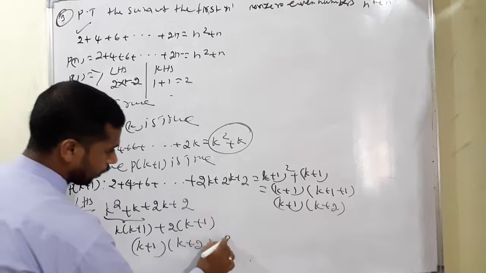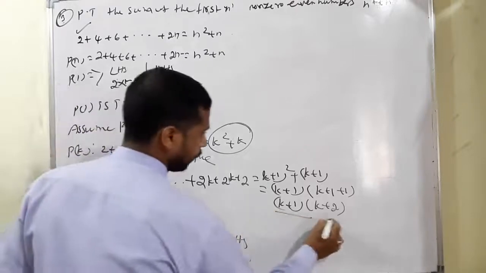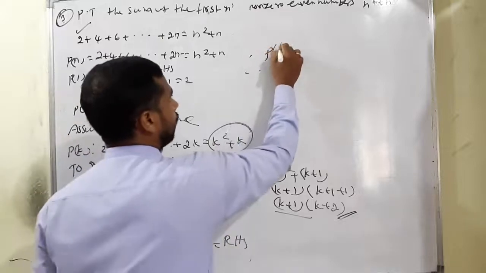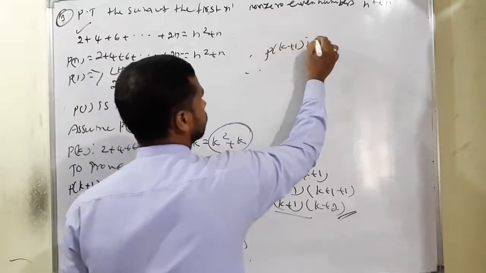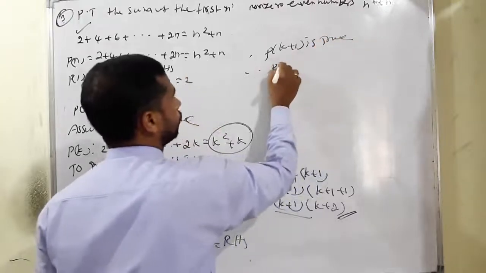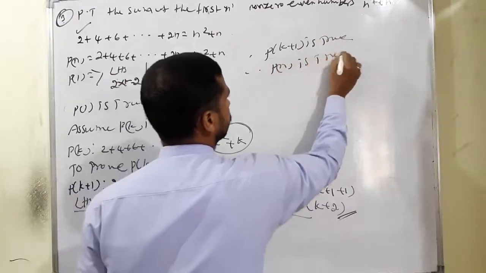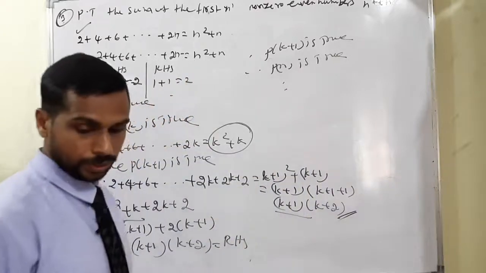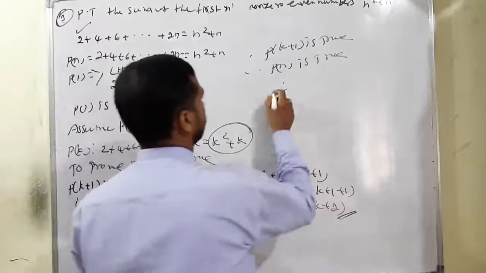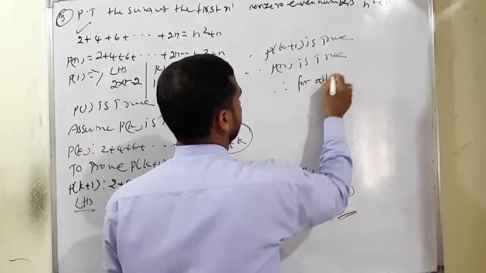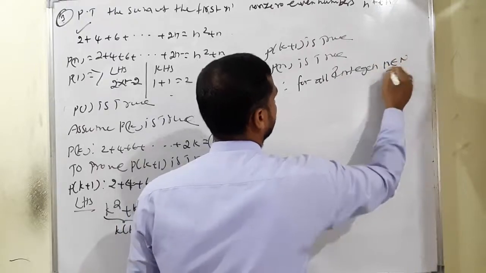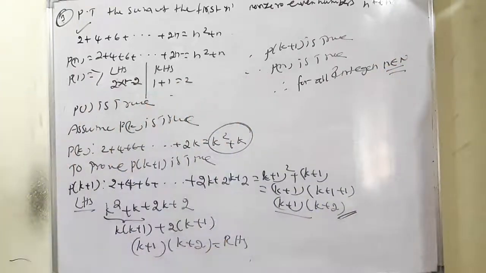Look at there, this is RHS: k plus 1 into k plus 2. Therefore we can say P of k plus 1 is true. So P of n is true for all n belonging to natural numbers. Okay, I will continue with the next question.